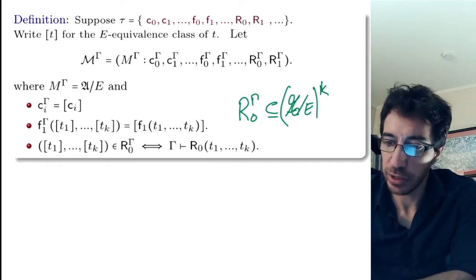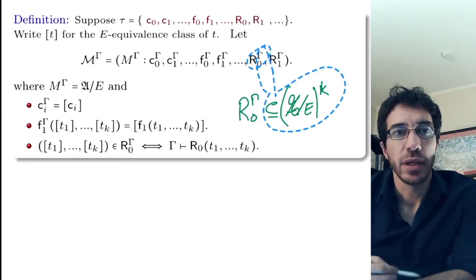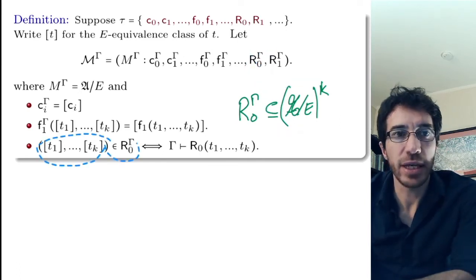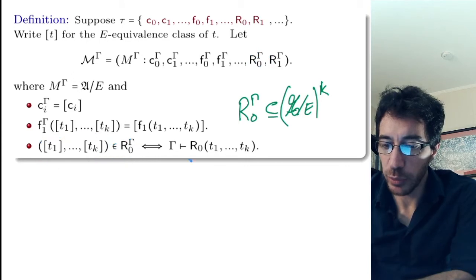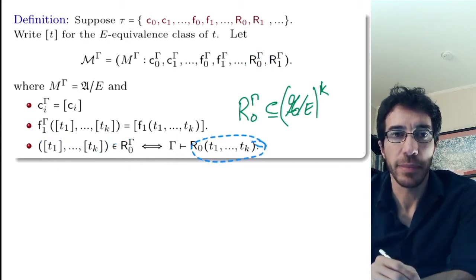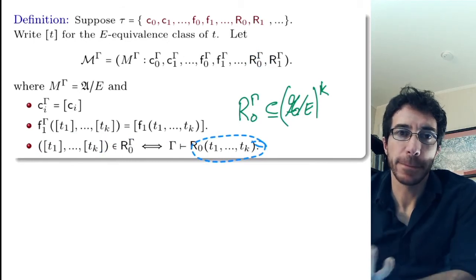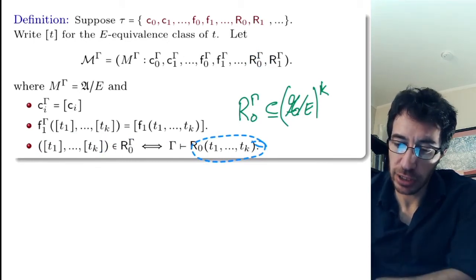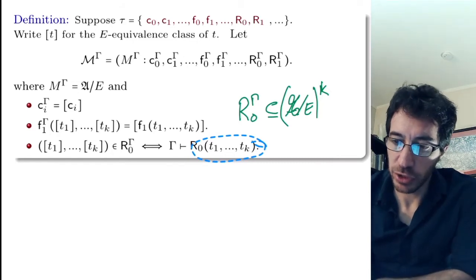So those are these interpretations that we have up here. They are a subset of this set of tuples. And the definition here is that this tuple is going to belong to the interpretation if and only if you can prove that the relation is true on them. Okay? Again, you need to show that this is well defined, because here we have the same story.